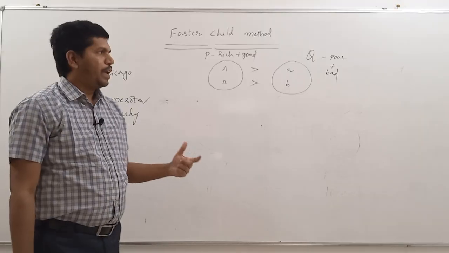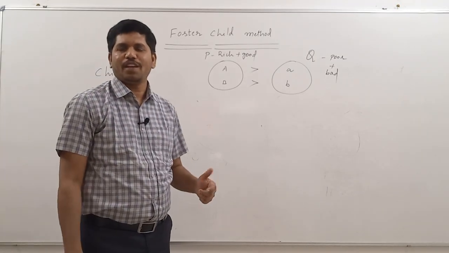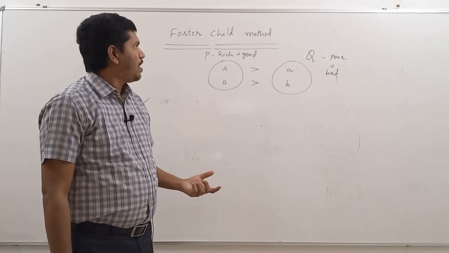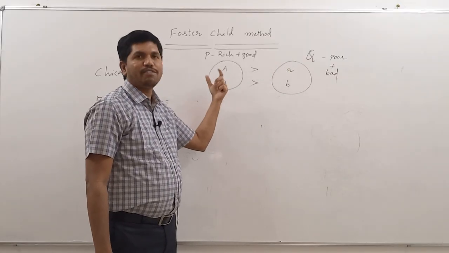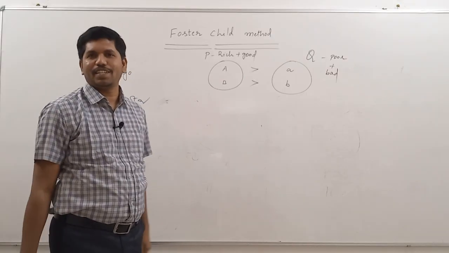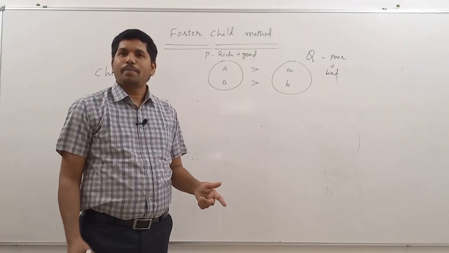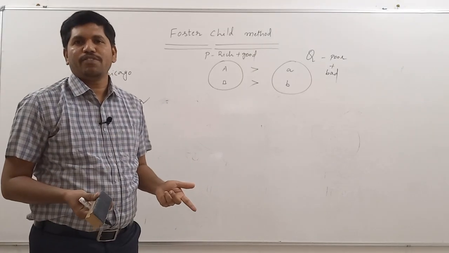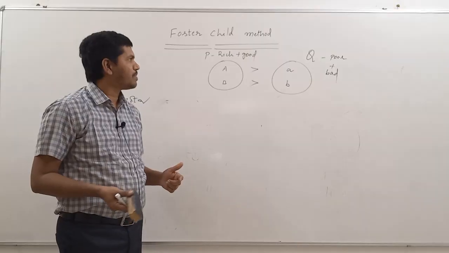That's why in the foster child method, foster child means actually adopted children. Here, what is happening? One child from this family is placed here, one child from this family is placed here. There is nothing but adoption. That's why the name foster child. In this way, we are separating the respective influence of heredity and environment in the development of a particular character.